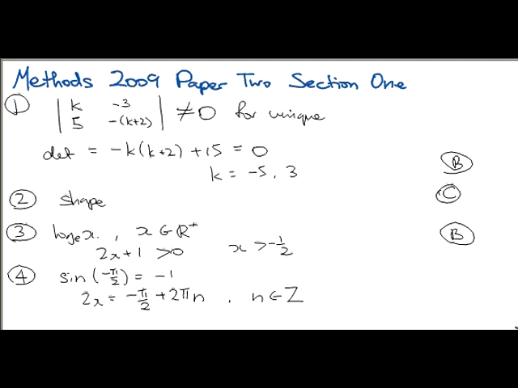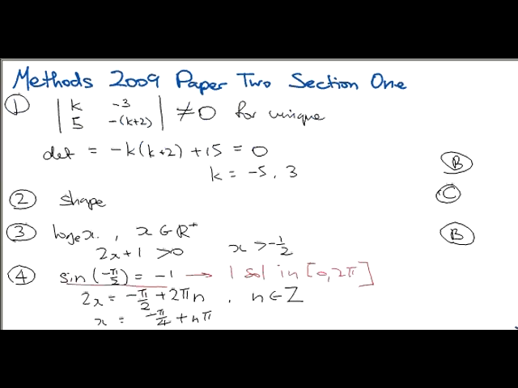And so x is just going to be negative pi on 4 plus n pi. That's it. Really simple. Notice that there's only one solution to this, one solution in 0 to 2 pi.